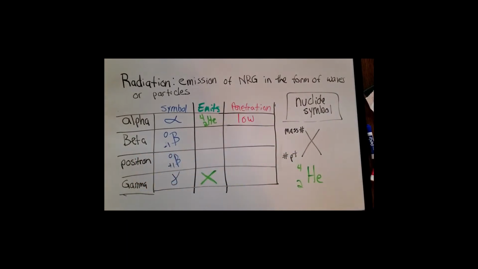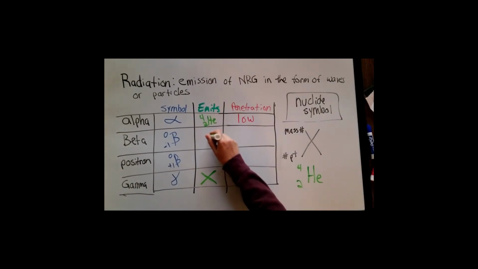Let's look at the beta particles next. So we see the symbol representing the beta particle there with the -1 in the lower left-hand corner. Now, the reason for this -1 is because when a beta particle is emitted, we are losing, or emitting, essentially an electron.